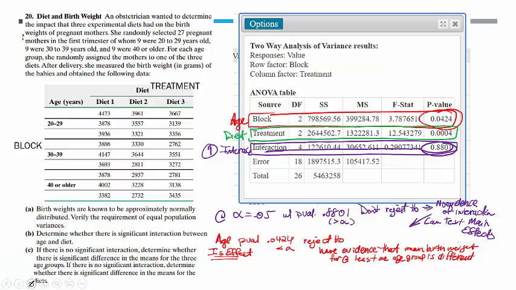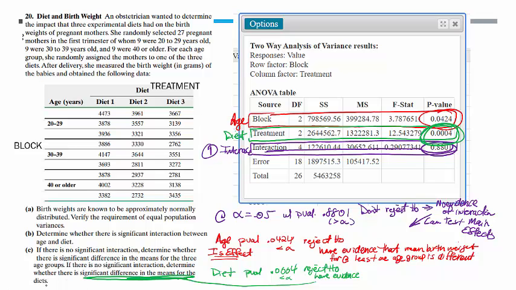And then for the one they really wanted to know about, right, the diet, for the diet effect, the p-value is 0.0004. Wow, that's a really low p-value, right? 0.0004, which is, of course, less than alpha as well. So again, we reject the null hypothesis. So we have evidence, and this time I'm going to steal the language from the question itself, that there is a significant difference in the means for the different diets.